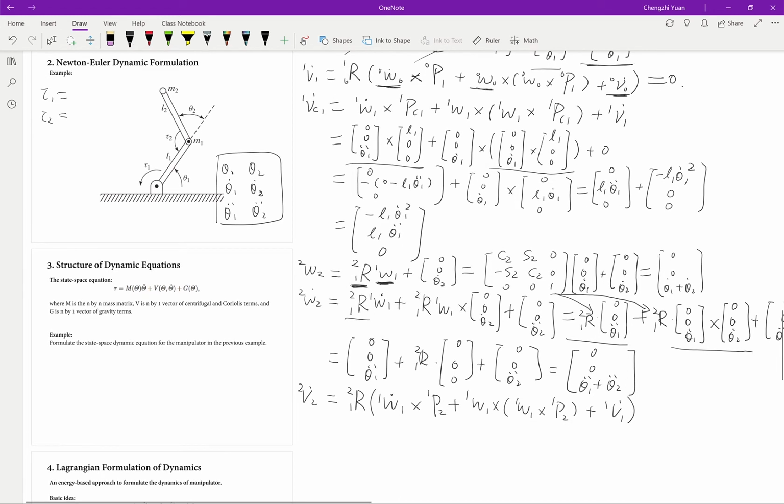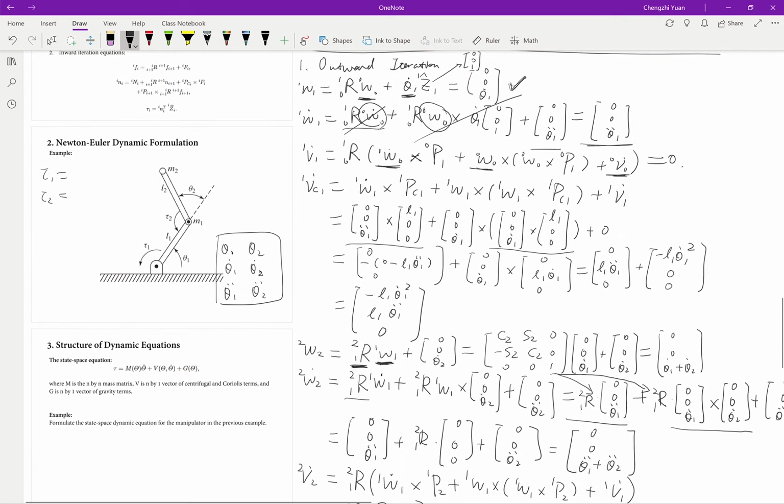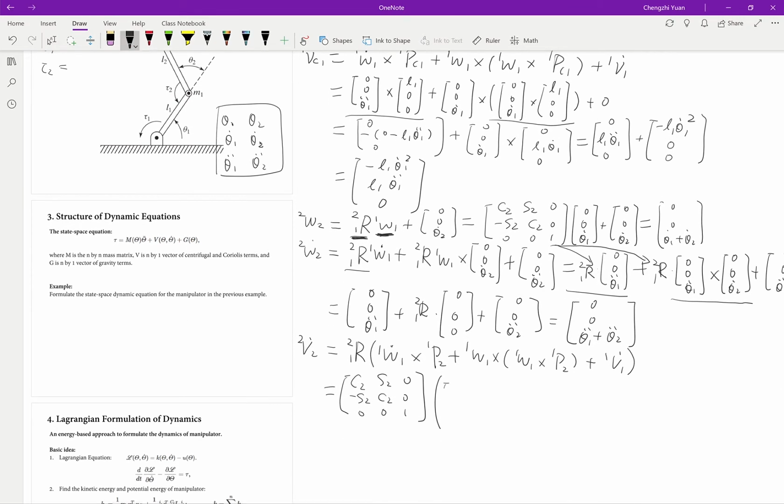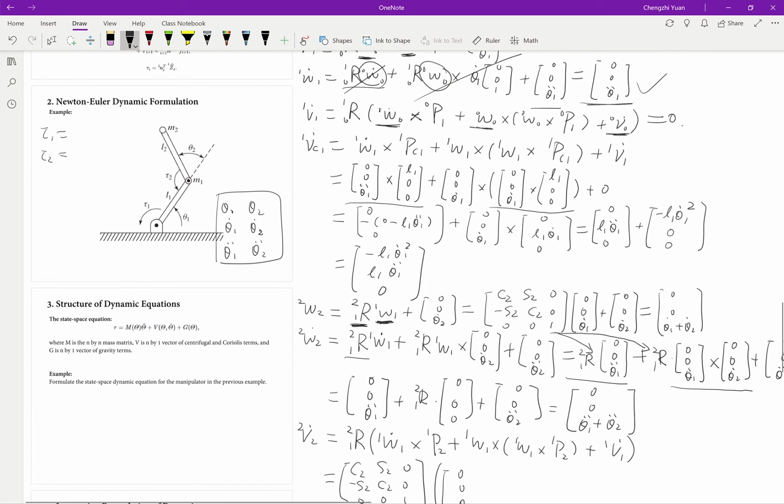So then it will be equal to the rotation matrix C2 minus S2 0, S2 C2 0, 0 0 1. Multiply the whole thing over here: omega 1 dot would be 0 0 theta 1 dot from here. Is it theta 1 double dot?